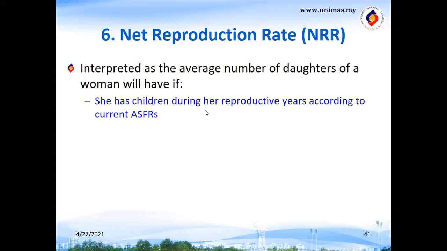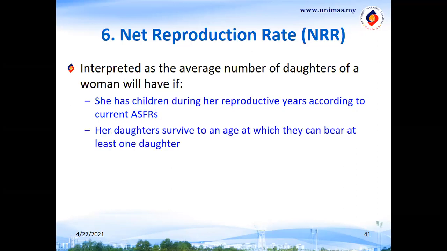Jadi, okay, so she has children during her reproductive years, according to assumption, yeah, that she has children throughout her reproductive years, according to the current ASFR, and her daughters will survive to an age at which they can bear at least one daughter.